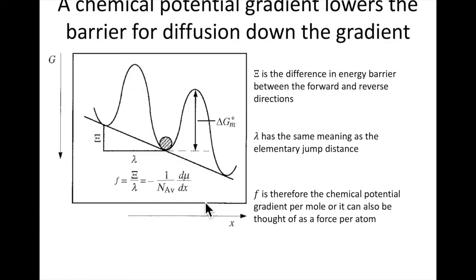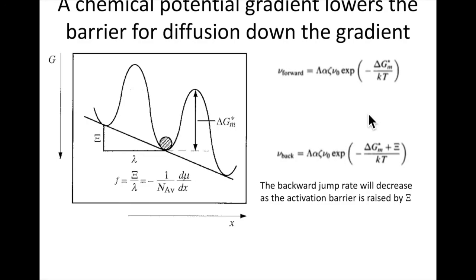We can also think about this in terms of a force per atom. So you can also think about it in that way. All right, so here are the two jump rates that we get for the forward and back reactions. So forward, this will look very similar to what we've seen before, but it's for delta G m.